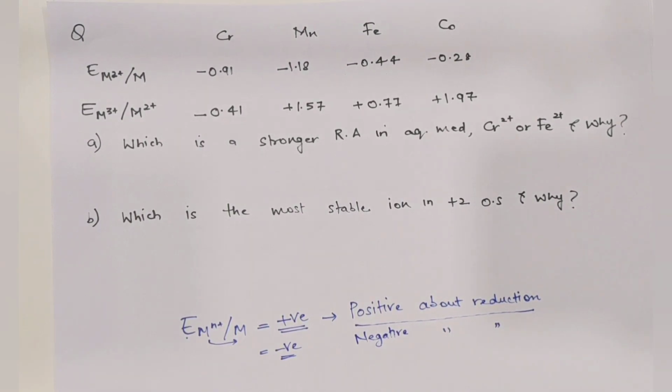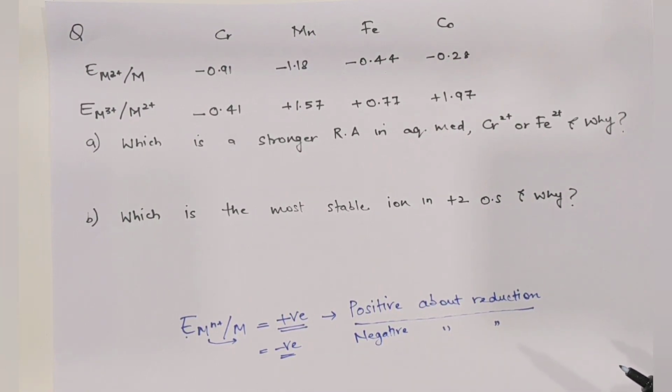But that's not an absolute truth. Basically, it's relative. You have to compare the values. The element with the more positive E reduction value is going to get reduced, even if the other value is positive, but not as much. The metal with the higher positive reduction value feels more positive about reduction, so it gets reduced.